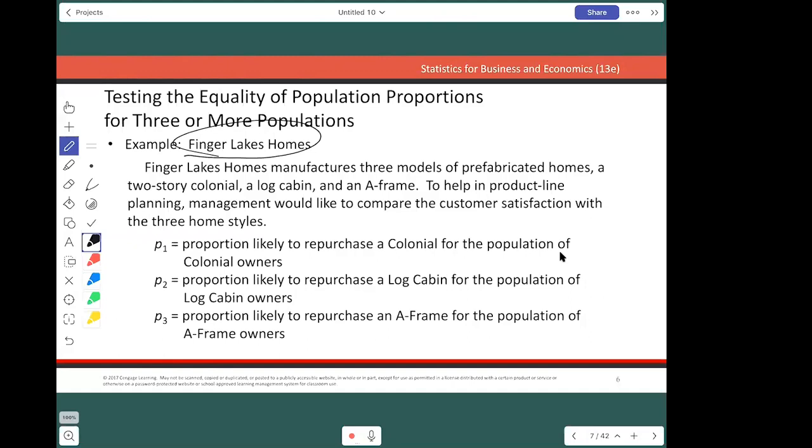To help in product line planning, management would like to compare the customer satisfaction of the 3 styles of homes. Proportion p1 is the proportion who would likely repurchase a colonial home, p2 the proportion likely to repurchase a log cabin, and p3 the proportion likely to repurchase an A-frame.